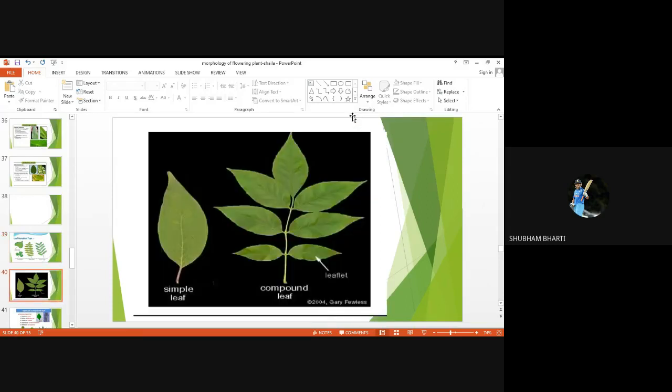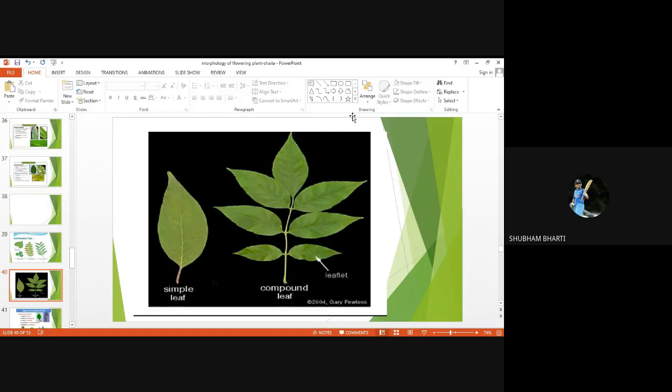Next is the compound leaf: simple leaf and compound leaf. Simple leaves are those in which a single leaf lamina is present, for example mango, peepal, or papaya. This is an example of a simple leaf.